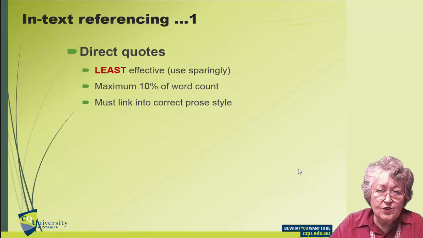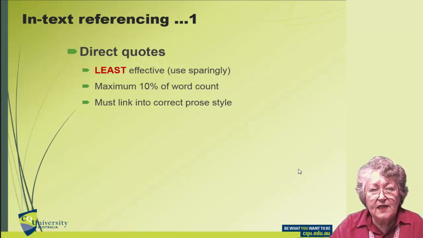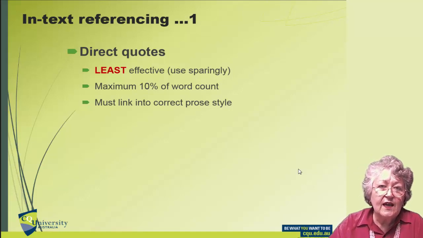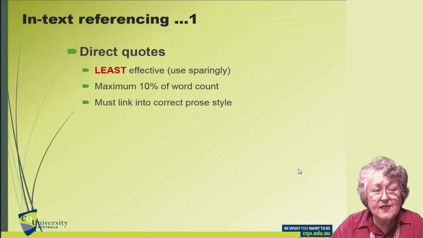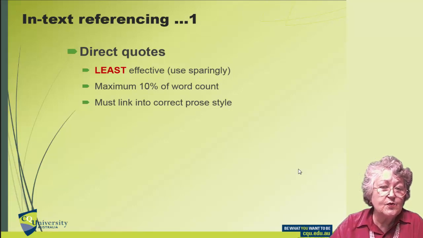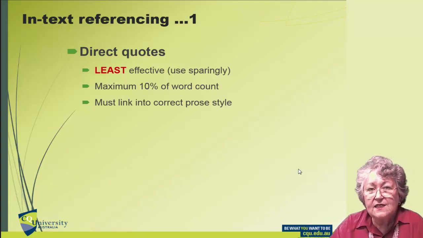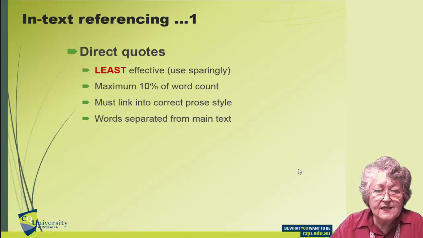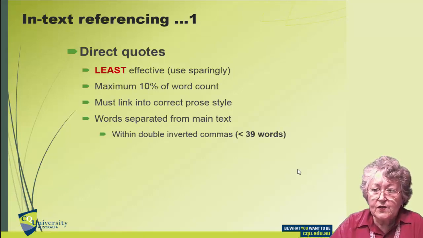It must link to the correct prose style, however. So if you are putting a direct quote into an assignment and you're already part of a sentence and the quote begins with at the beginning of a sentence, then you're going to have to make some changes. You also have to separate some words from the main text, depending on the number of words you're using for quotes.